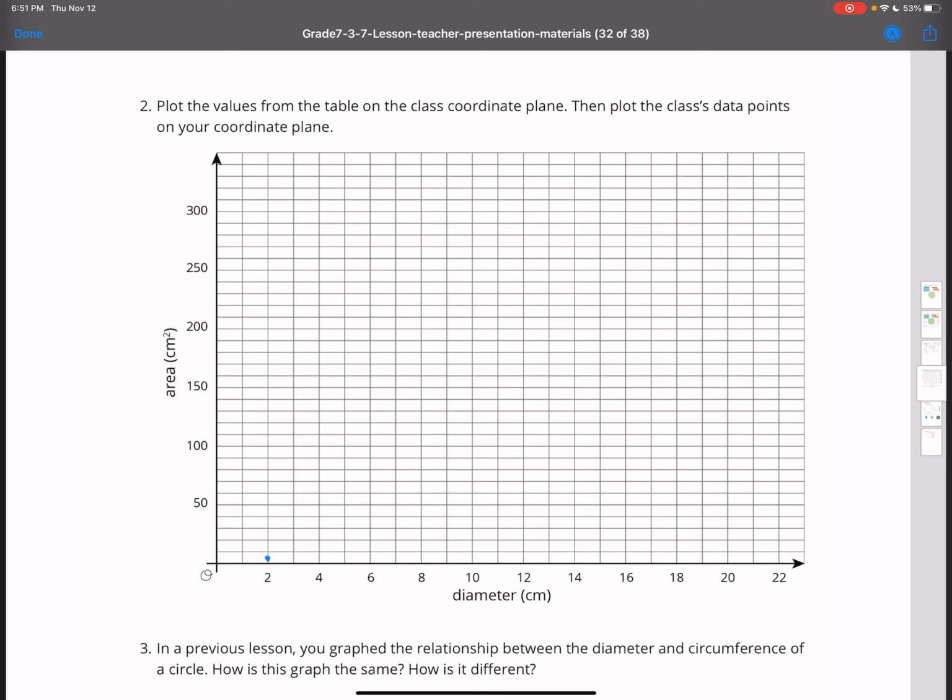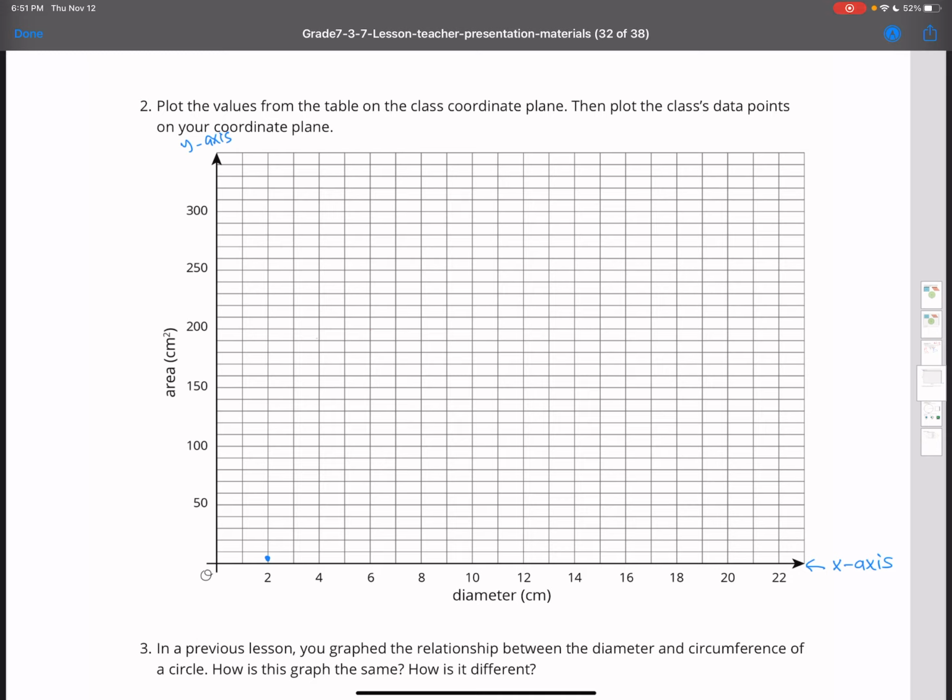I'm sorry if I'm moving too fast, but the x-axis is representing the diameter, the y-axis is representing the area. If you don't know what the x-axis is, here's the x-axis, and here's the y-axis. Okay, and I want you to know that the x-axis is counting in sets of even numbers, and the y-axis is counting in tens.